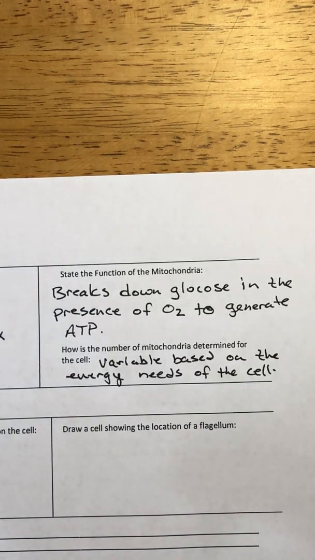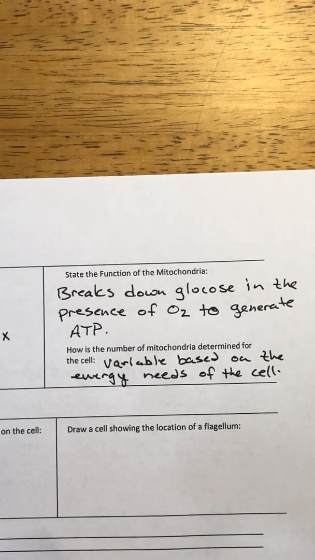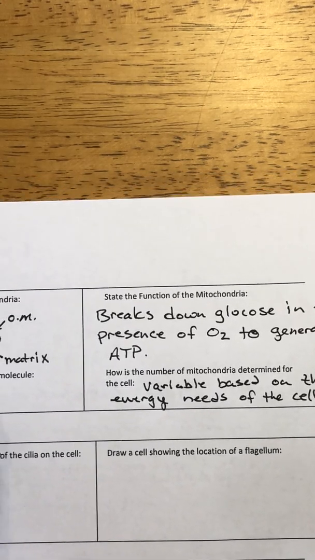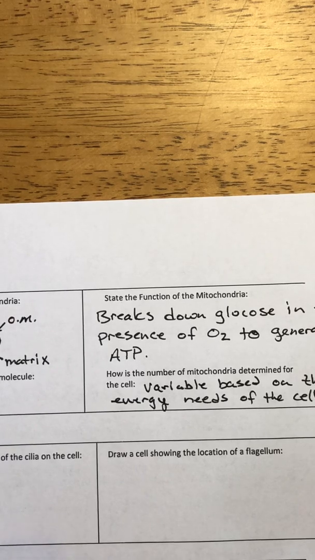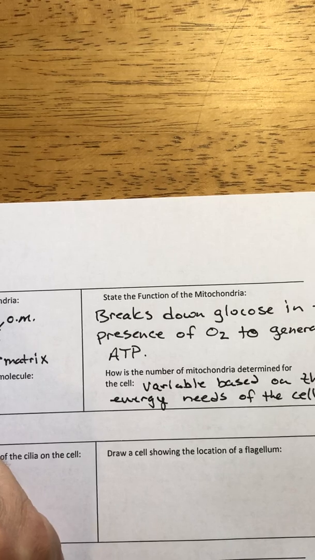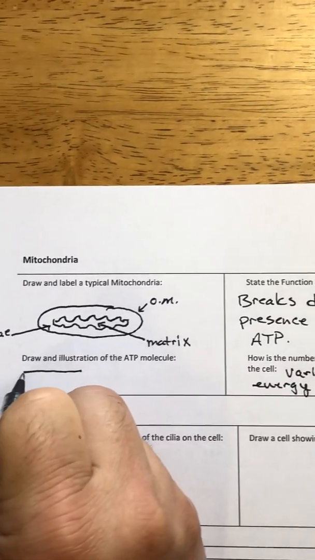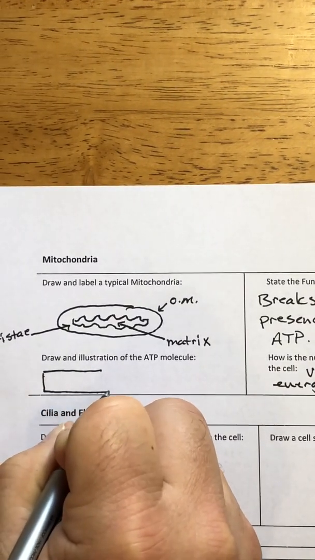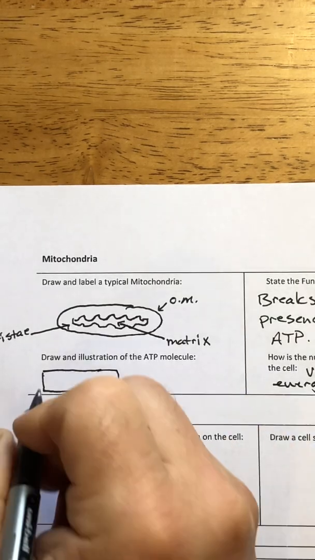And the molecule that we've been talking about, adenosine triphosphate, it asks you to draw a diagram of this. We're not going to do a real detailed diagram of this, but we start with adenosine, which is the major component of the molecule.